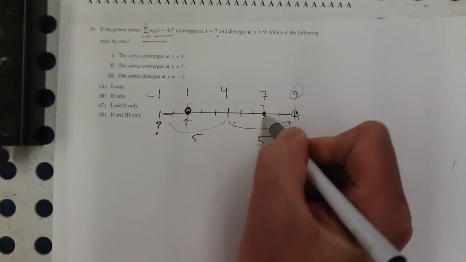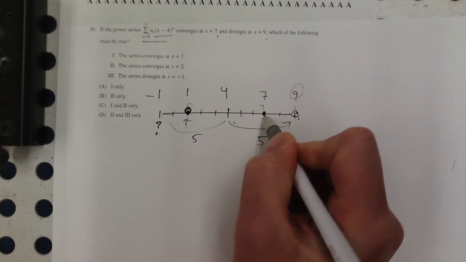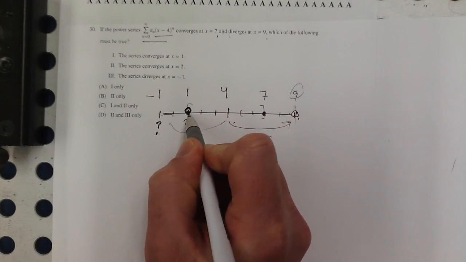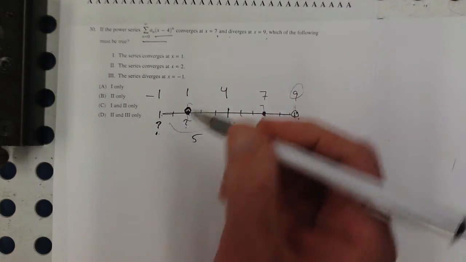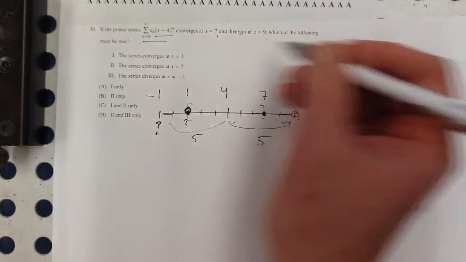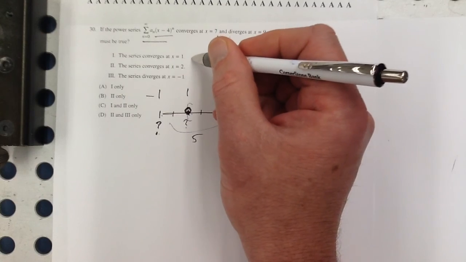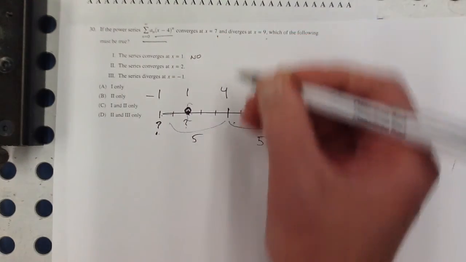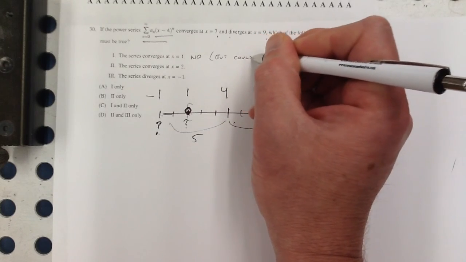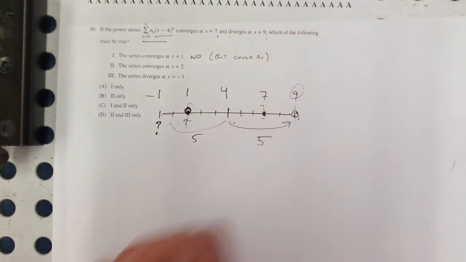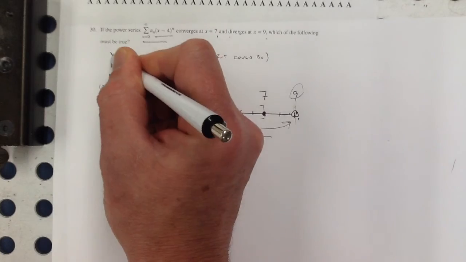Because 7 could possibly be an endpoint, and then 1, the other endpoint, maybe, maybe not. We don't have enough information to know that. So, does this have to be true? No. Could it be true? Yeah. Could be. But we're looking for things that have to be true.